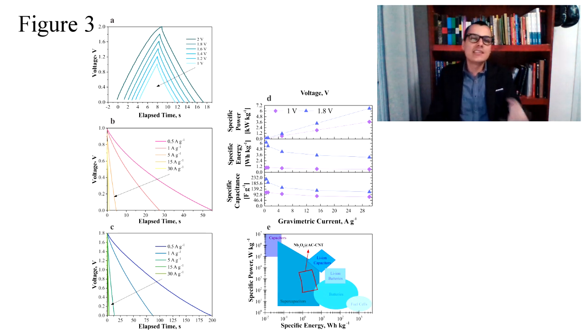Furthermore, the GCD demonstrates that during different gravimetric currents of cycling, the Coulombic efficiency is above 90% for both potentials. In this case, the specific capacitance was calculated from the slopes of the GCD curves, and from the results obtained were calculated other relevant quantities such as specific energy and specific power.